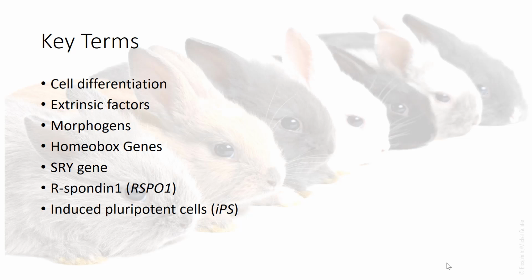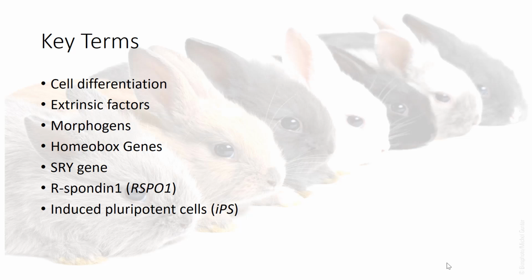So R-spondin 1 is a gene that actually finishes the female sex differentiation process in mammals. And so in mammals, at least, just the absence of the SRY gene is not enough to get a female that will become sexually mature and will function normally, you also need to have the expression of R-spondin 1.